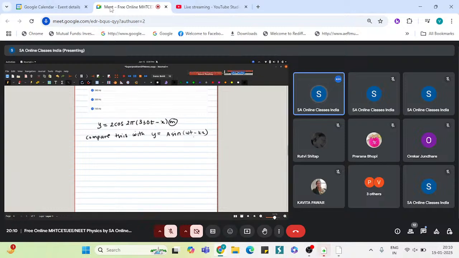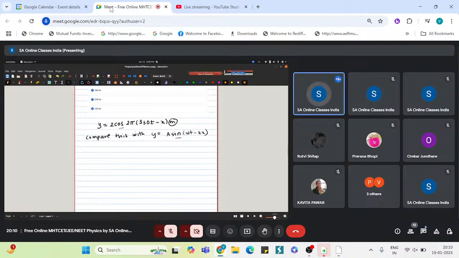Whether we take cos or sine usually matters based on the question.